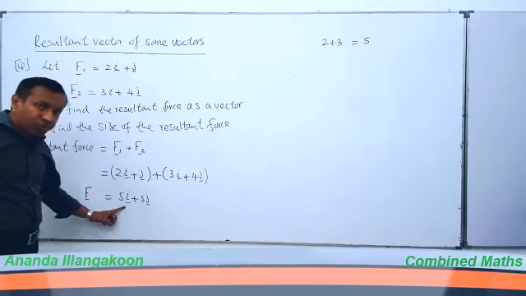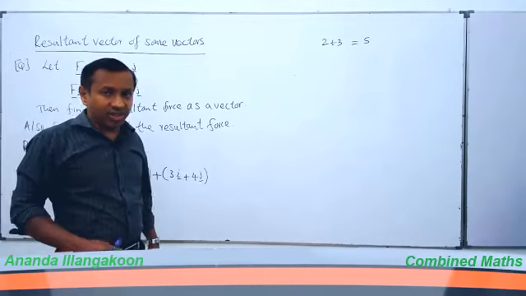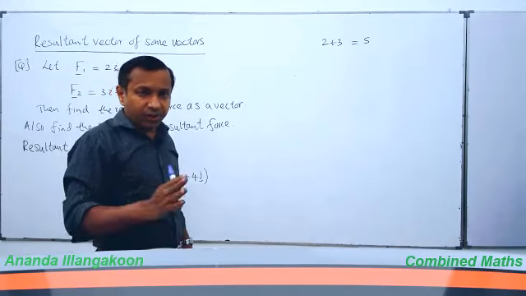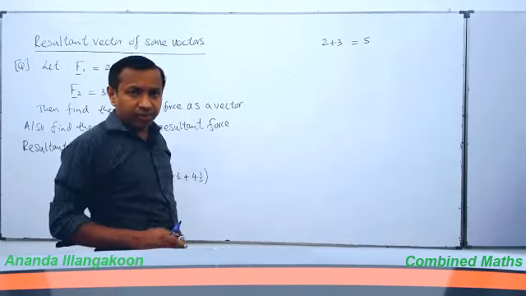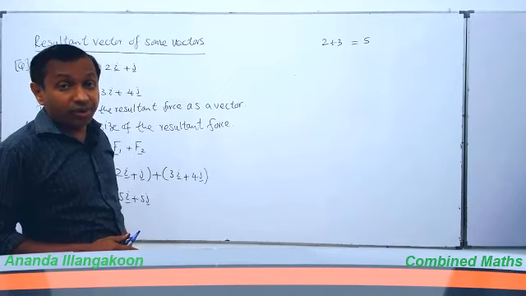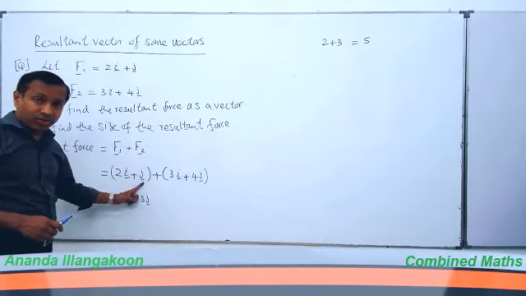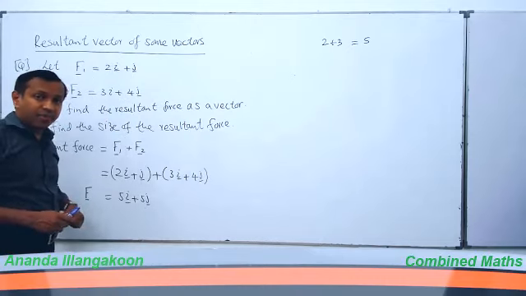How do we find the modulus of this vector? We know that one. Last week we learned: the square root of the i coefficient squared plus the j coefficient squared. So the size of the resultant force can then be found. The i coefficient is 5, squared; the j coefficient is 5, squared. Add them up and take the root.